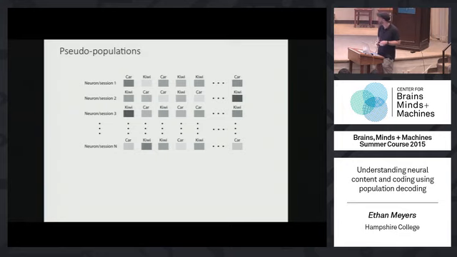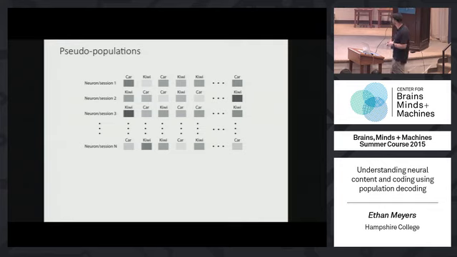One thing to note about neural populations is that when you're doing decoding, you don't actually need to record all the neurons simultaneously. I think this might be one reason why a lot of people haven't jumped on the technique, because they feel like you need to do these massive recordings. But you can do what's called pseudo-populations, where you build up a virtual population that you pretend was recorded simultaneously, but really wasn't.